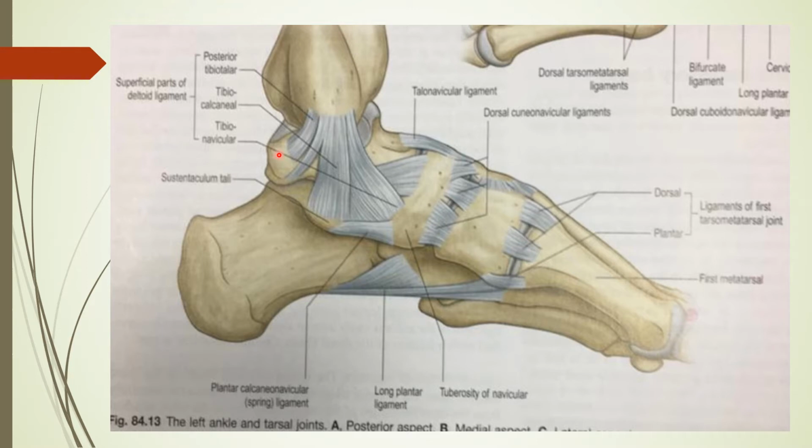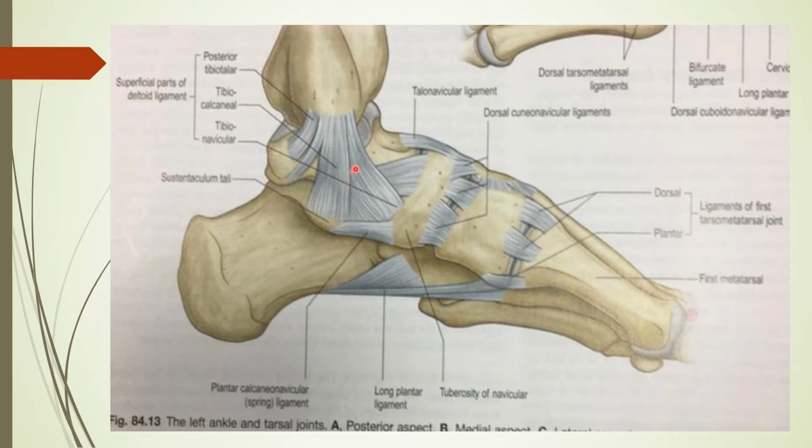The second part is the tibiocalcaneal, which continues to the sustentaculum tali on the medial side of the calcaneus, connecting the medial malleolus with the sustentaculum tali.